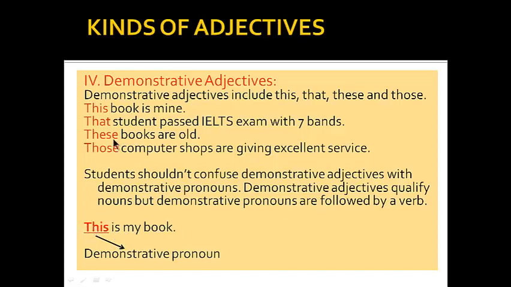This is the same word, but the difference between these two sentences is that in demonstrative pronoun we have a verb after it, whereas with demonstrative adjectives we have a noun after it. That's the difference between these two.